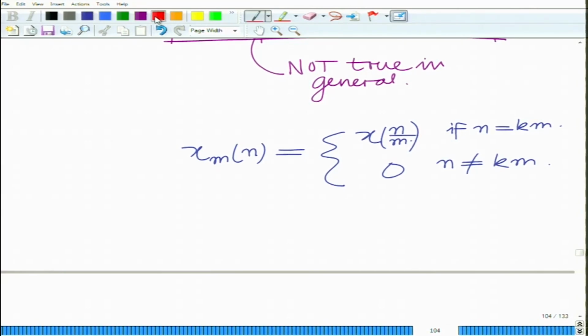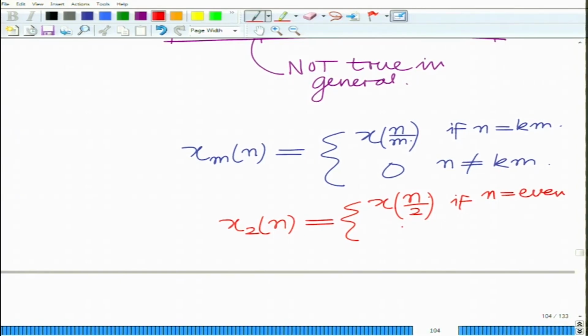For example, x_2 of n equals x of n by 2 if n is even, and 0 if n is odd.